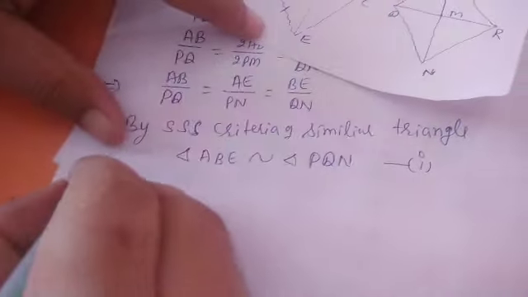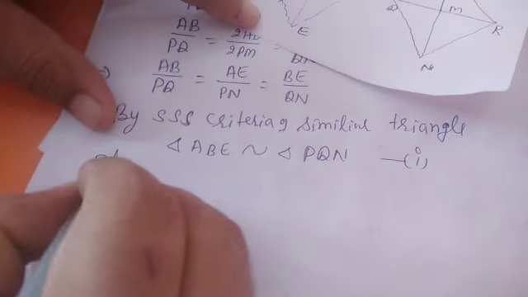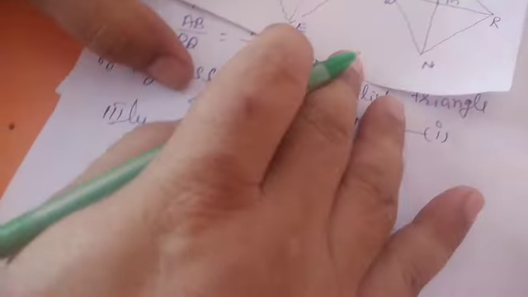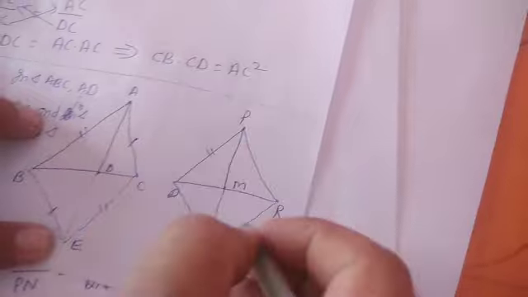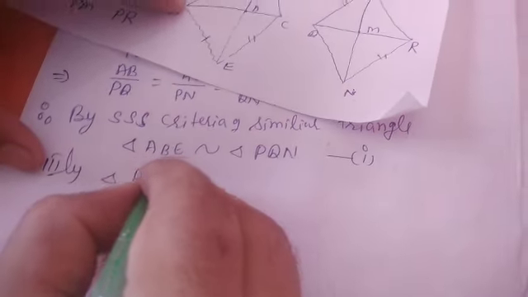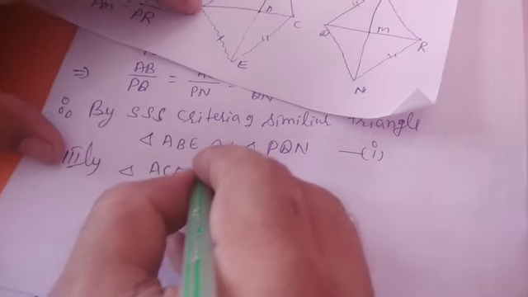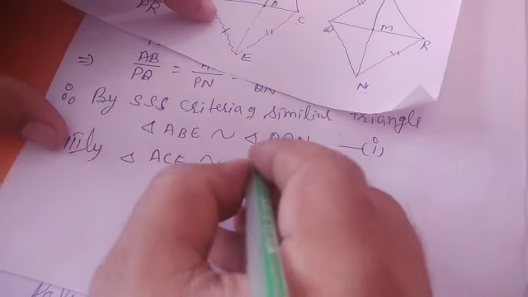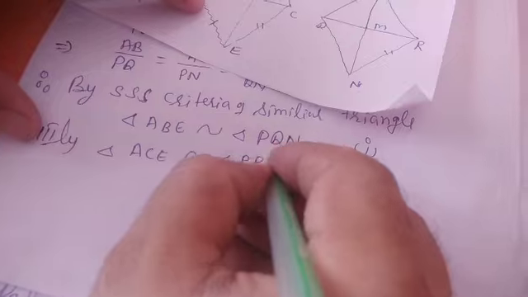Similarly, by the same procedure, triangle, which triangle? ACE, this equal to this and this equal to this. Again by the same procedure, triangle ACE is similar to triangle PRN.